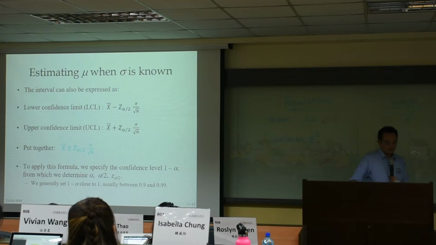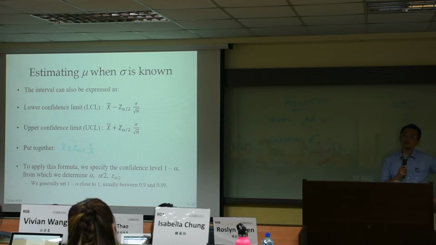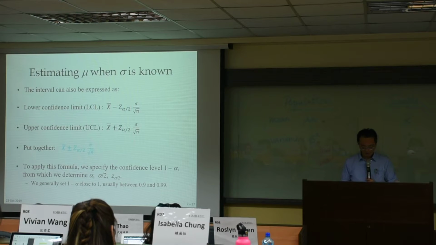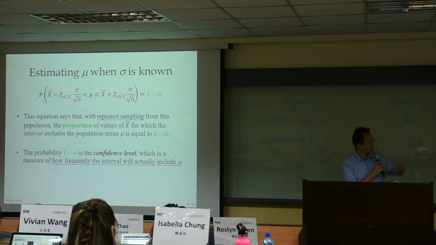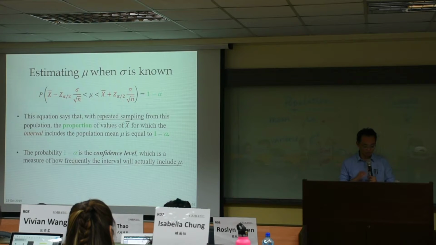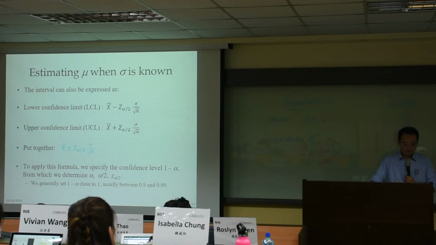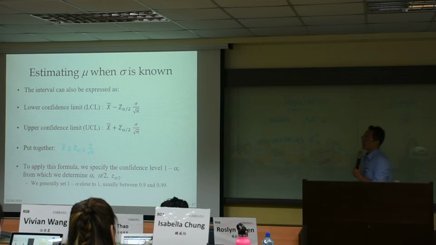The interval can be further re-expressed with the lower confidence limit, LCL, being x bar minus z alpha over 2 times sigma over square root of n. This is actually the left-hand side of the expression on the previous slide, and the right-hand side is called the upper confidence limit, UCL.